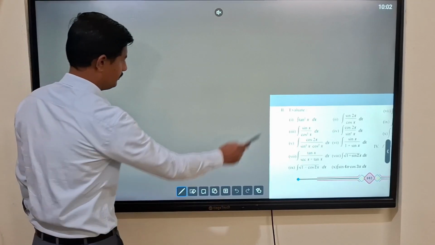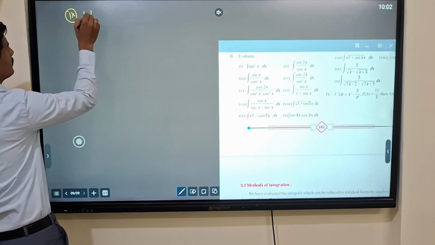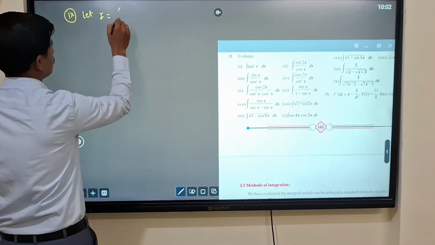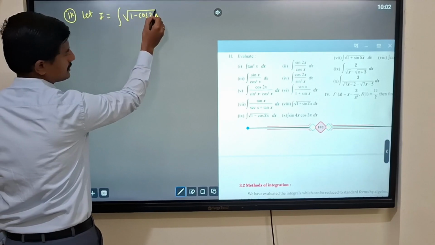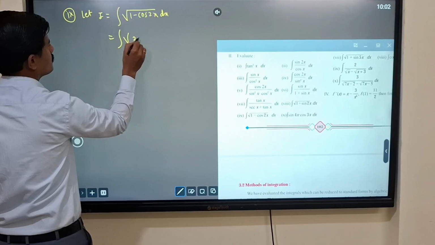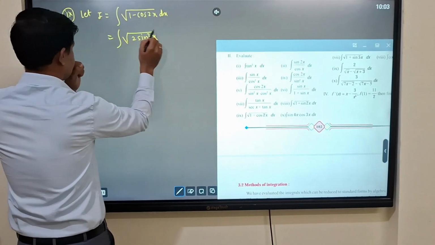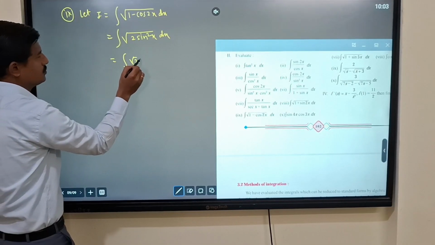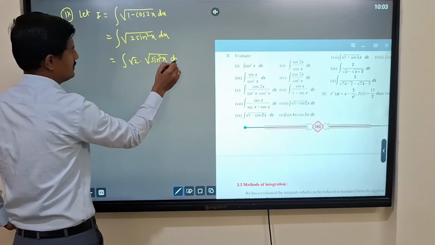Now for the ninth. Let I equal the integration of square root of 1 minus cos 2x dx. 1 minus cos 2x is simply 2 sine square x. So this becomes the integration of square root of 2 into square root of sine square x dx.